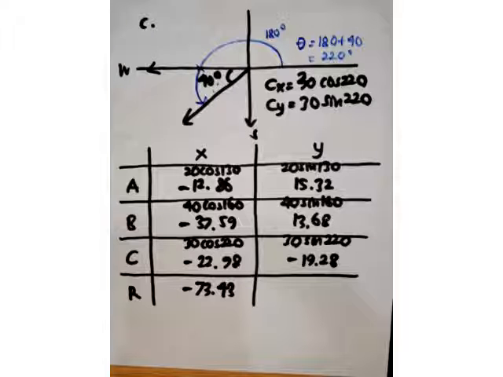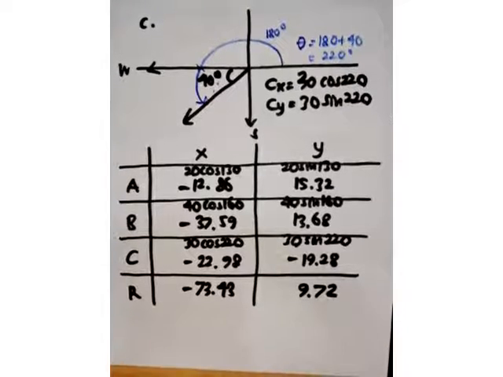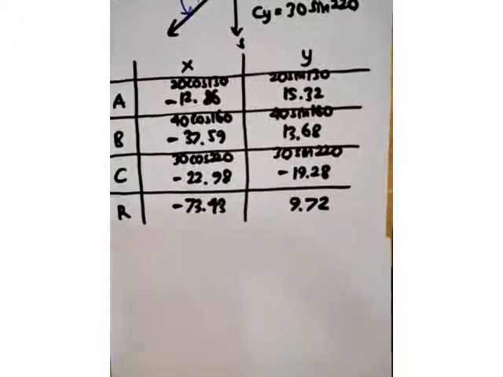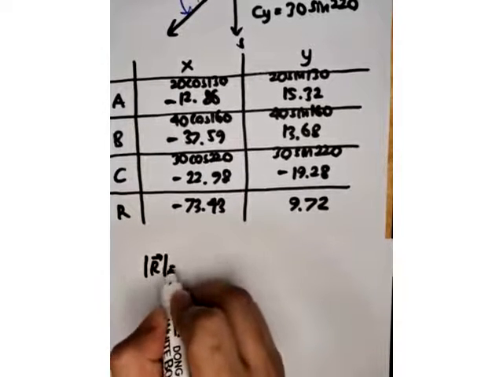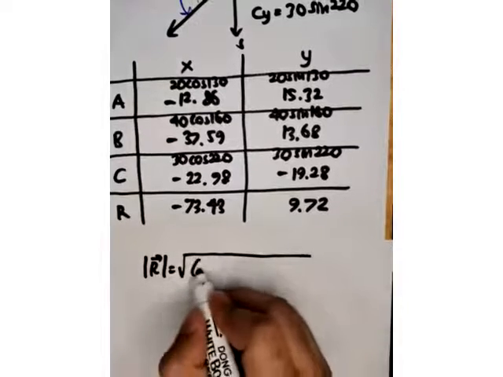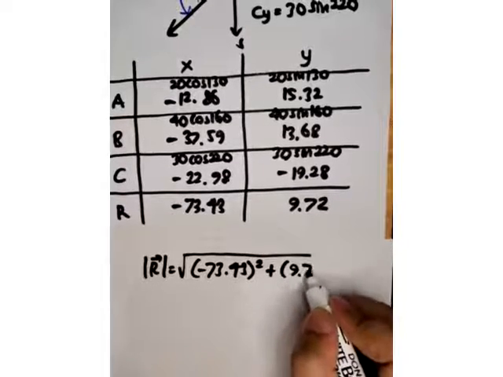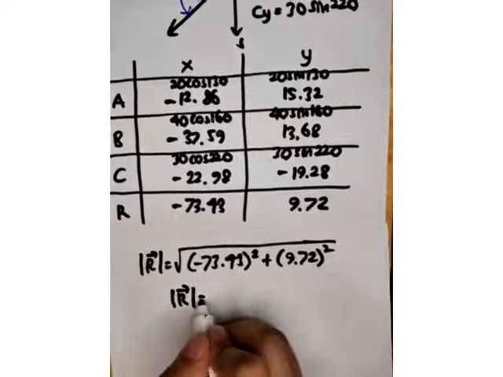Okay, tama, 9.72. Okay, thank you. So that's the components of the resultant vector. If you want to find the magnitude of the resultant, it is equal to the square root of negative 73.43 squared plus 9.72 squared.